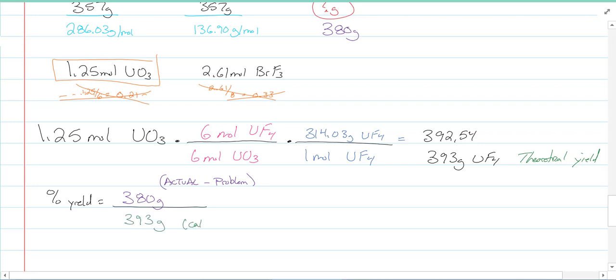And we calculated it. I'm going to multiply that by 100%. I end up with 96.7% yield. That's a pretty good yield. That's theoretical.